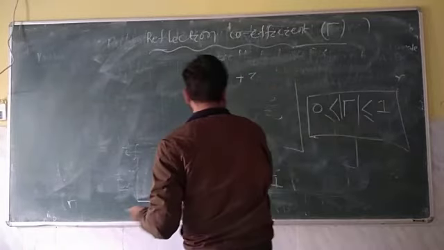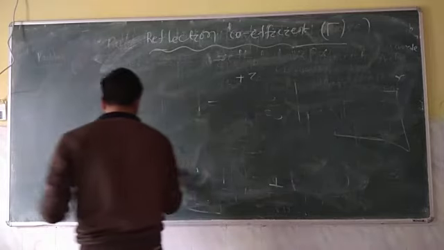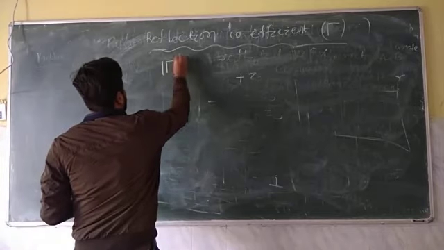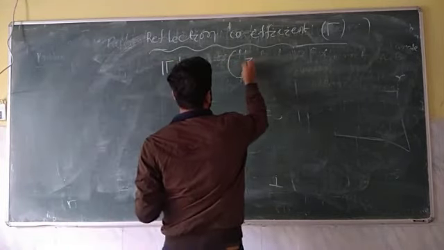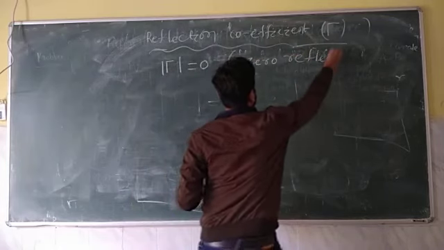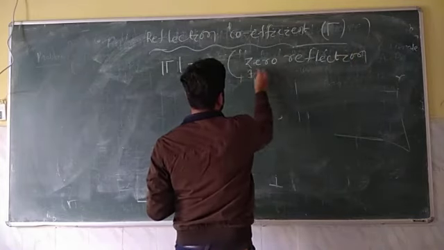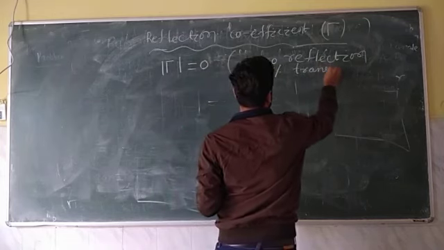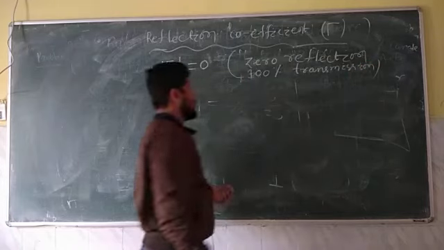So now I am writing here the significance. When this gamma magnitude is equal to 0, that is the case of 0 reflection and 100% transmission.